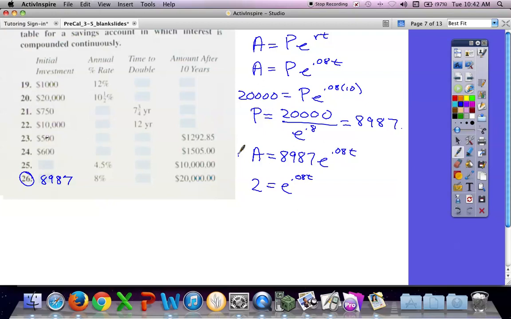Solve. ln of 2 equals 0.08 times t. t equals ln of 2 divided by 0.08. So ln of 2 divided by 0.08 is 8.66. What are we saying? Time to double, let's call it 8.7 years.